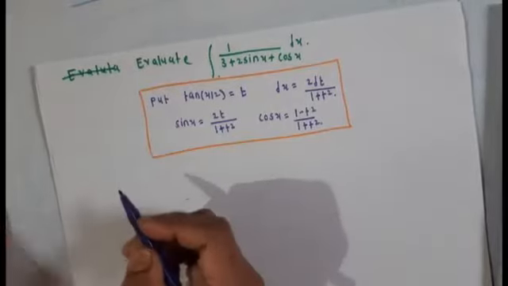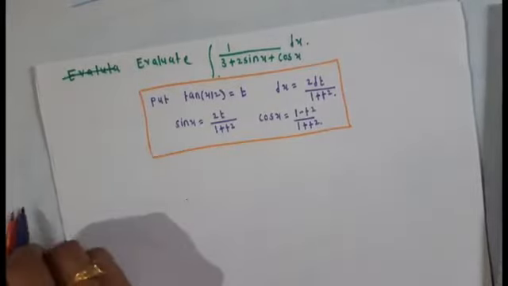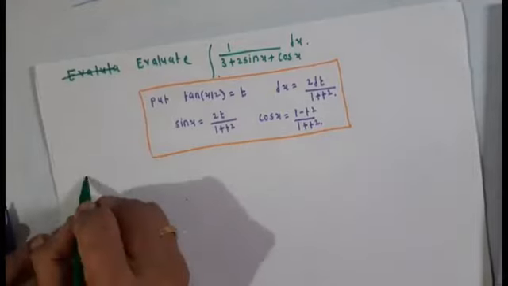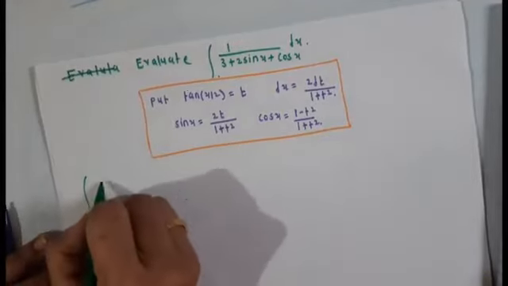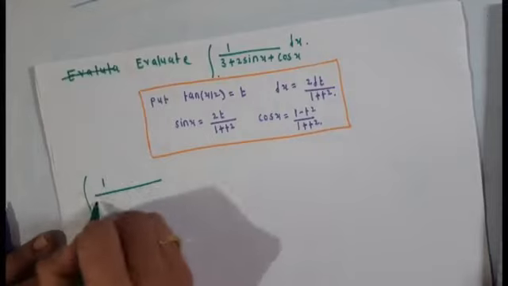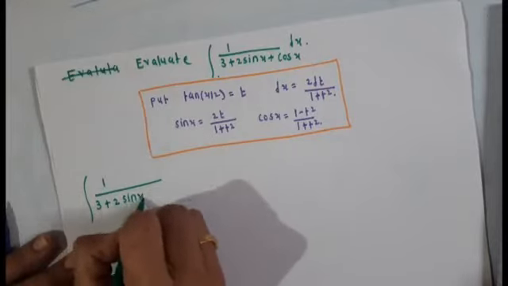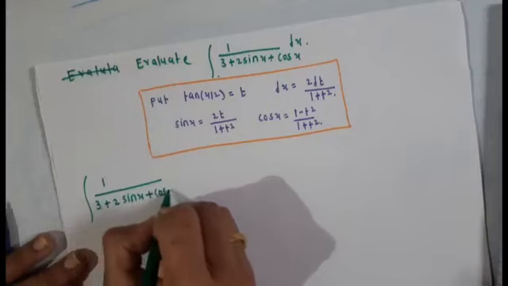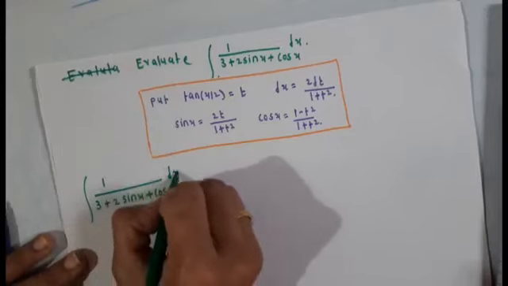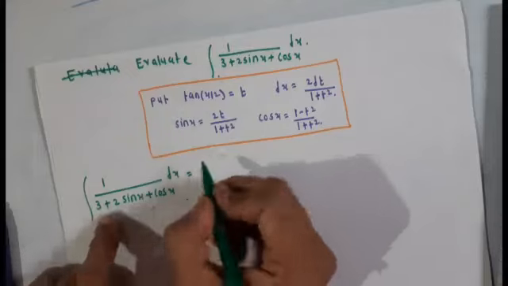Therefore the integral, that is integration of 1 upon 3 plus 2 sin x plus cos x with respect to x, we will get.